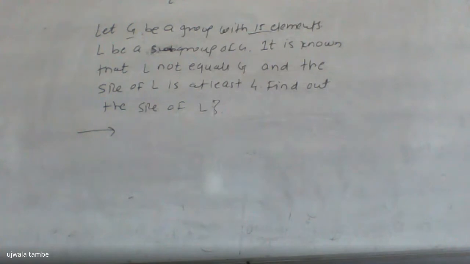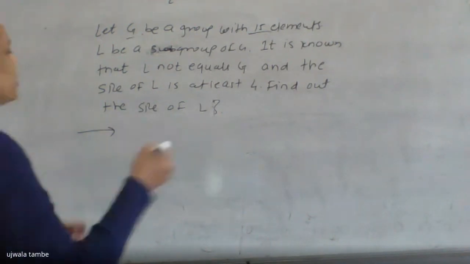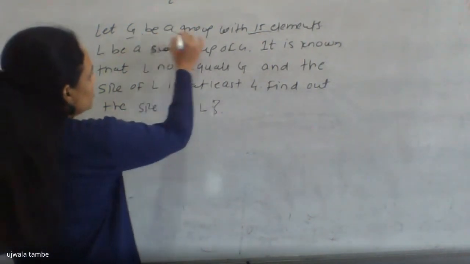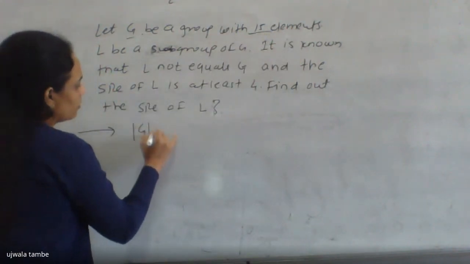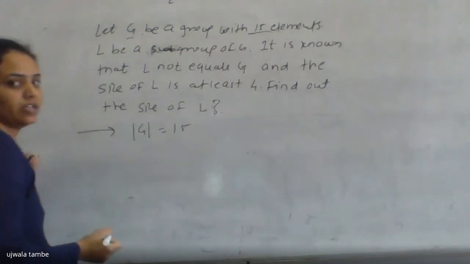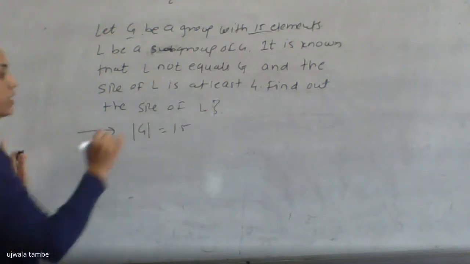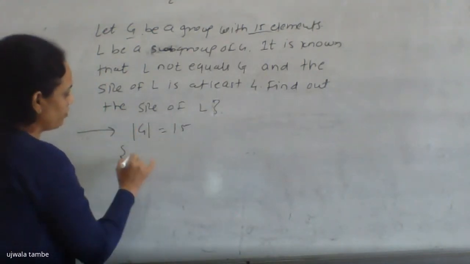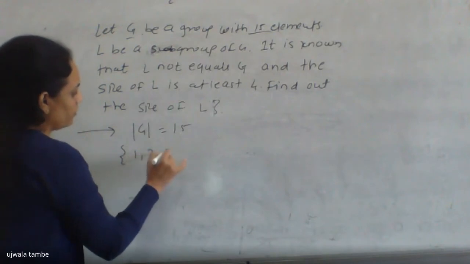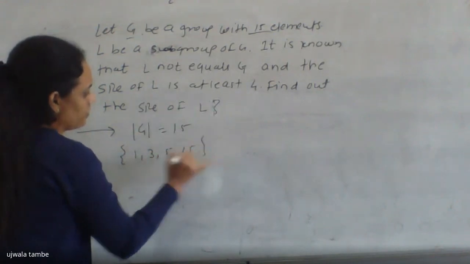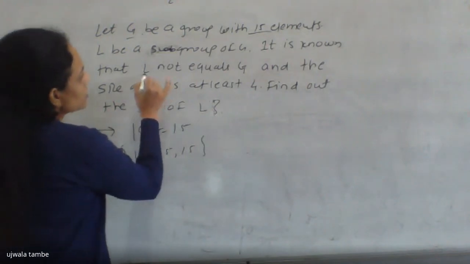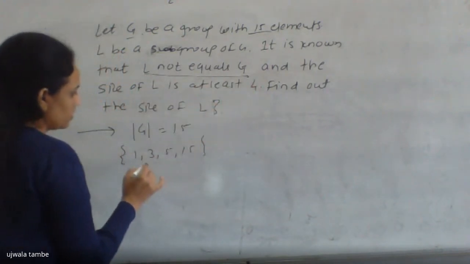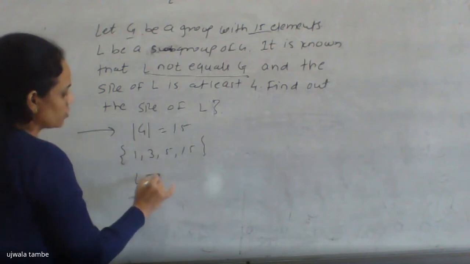Okay, it's 10:37. So first, as we know that G is a group with 15 elements, it means the cardinality of G is 15. So first we have to find the divisors of 15. The divisors of 15 are 1, 3, 5 and 15 itself. Right? After that, what is the next constraint? L is not equal to G. That is, L is not equal to 15.